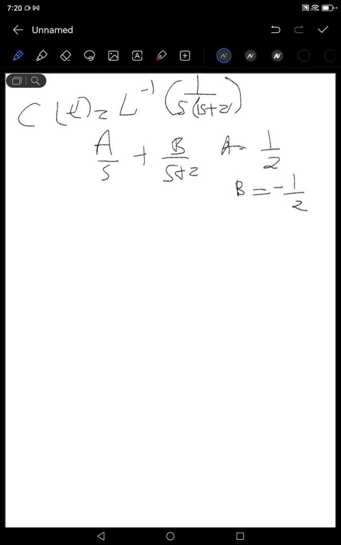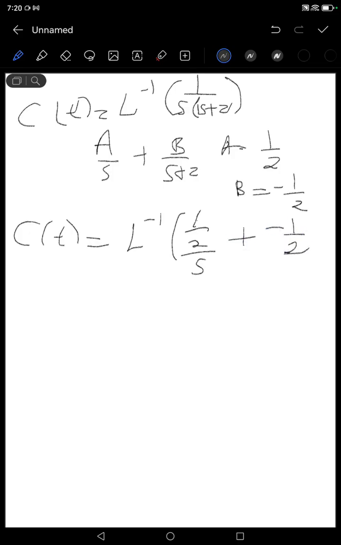So c of t is equal to the inverse Laplace of a over s, where our a is 1 over 2, so 1 over 2 over s, plus negative 1 over 2, we substituted back the values of a and b, over s plus 2. Now we can find the inverse Laplace.